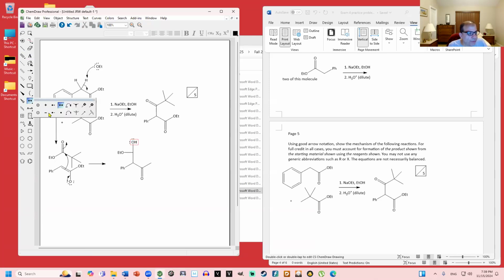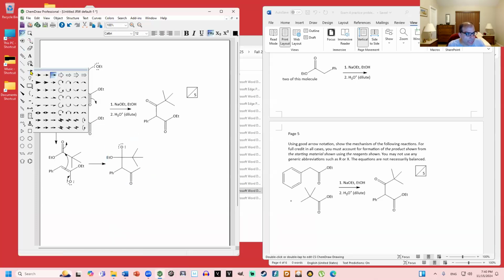This goes so much faster with pencil than with ChemDraw. And we've also got a tertiary group. So that's the intermediate that you would get.